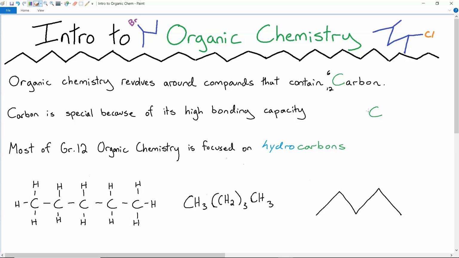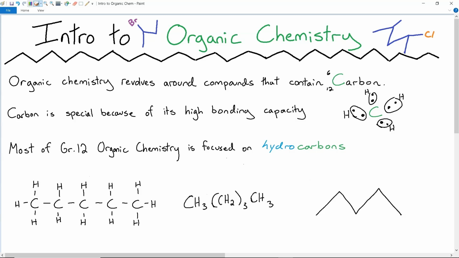So we know from grade 11 chemistry that carbon has 4 valence electrons. And that makes it special because it can actually have up to 4 bonds with other elements. And usually this is going to be with hydrogen.